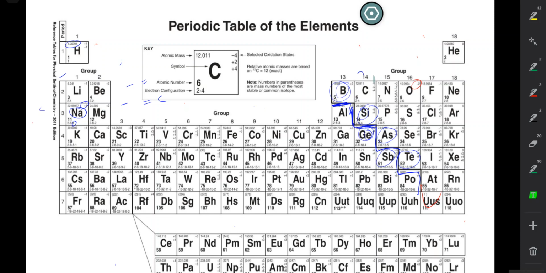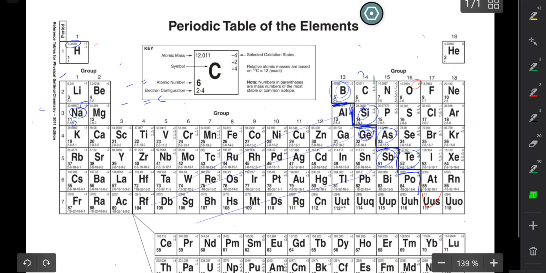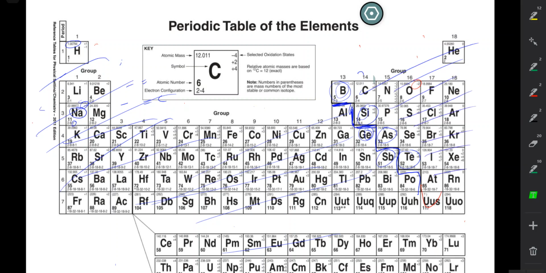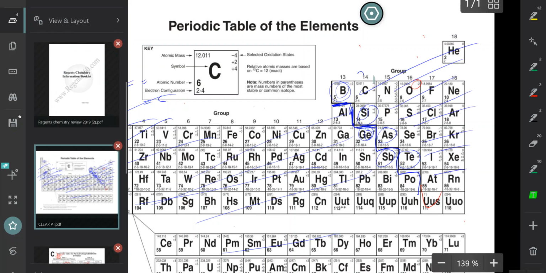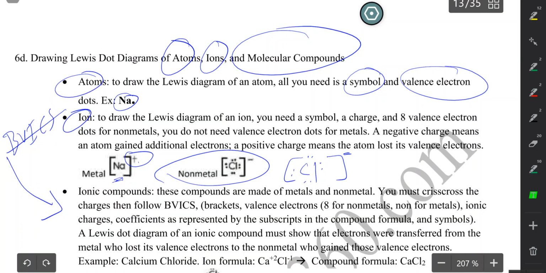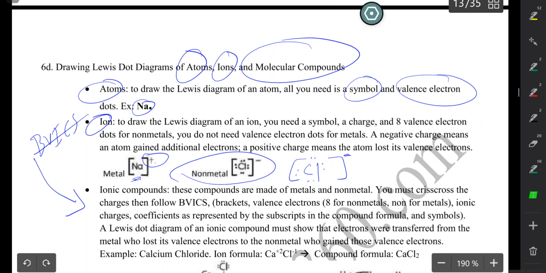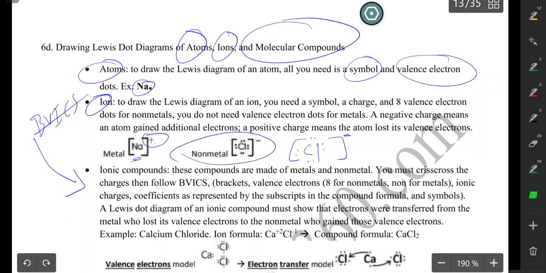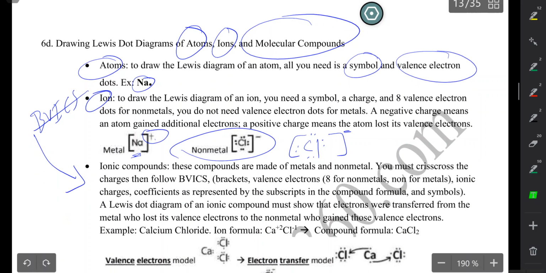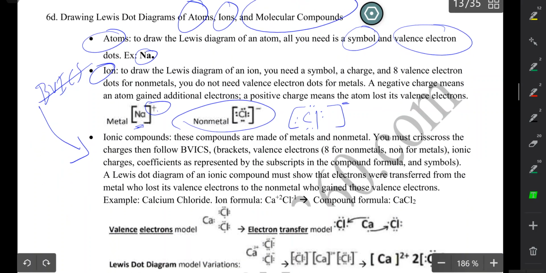To the left side of the staircase, all of these elements are metals. To the right side of the staircase, all of these elements are nonmetals. Okay? So that's pretty much it. That's all you need to know. If you get a non-metal, put 8 dots, brackets, charge. If you get a metal, put no dots, brackets, charge. Okay, for ionic compounds, let's read this.